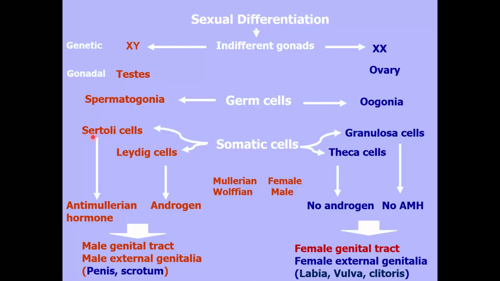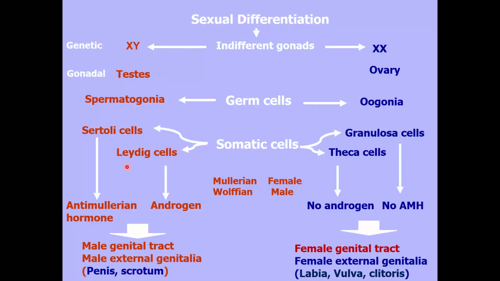Now, the Sertoli cells of the male will produce this hormone, the anti-Mullerian hormone, which functions to inhibit the Mullerian duct, and as a result, it will inhibit the development of the female reproductive system, because the Mullerian duct will give rise to the female reproductive system.